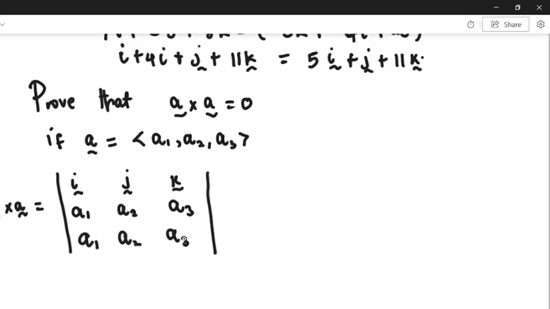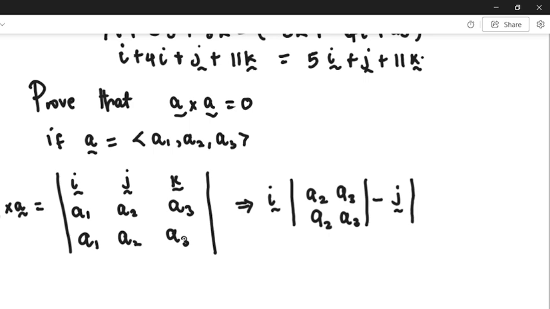So you block the first column, you're getting i into A2 A3, A2 A3, minus j. If you block the second column, you're getting A1 A3, A1 A3, plus you have k.